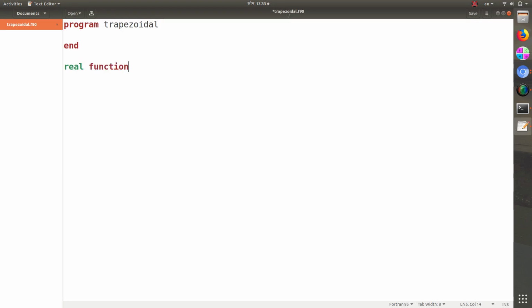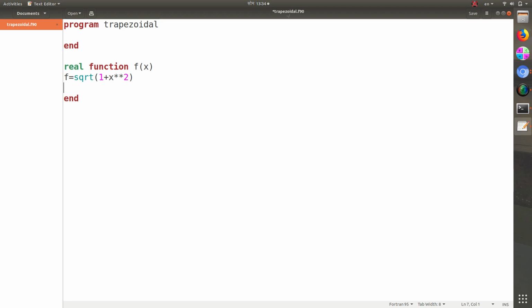The real function name is of course x, and this is the format of the function. The root is sqrt, and inside the root we have 1 plus x squared. So this is our function.